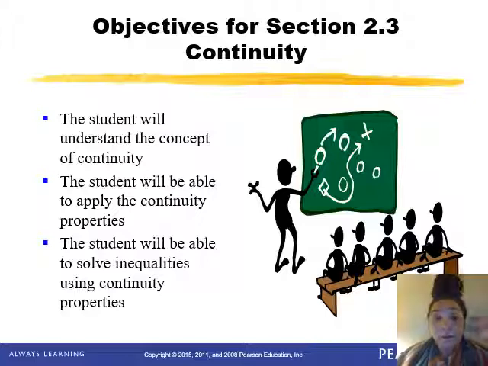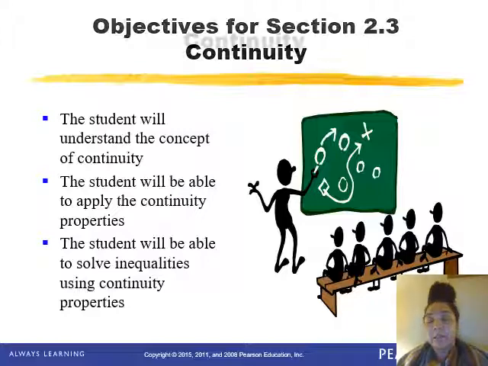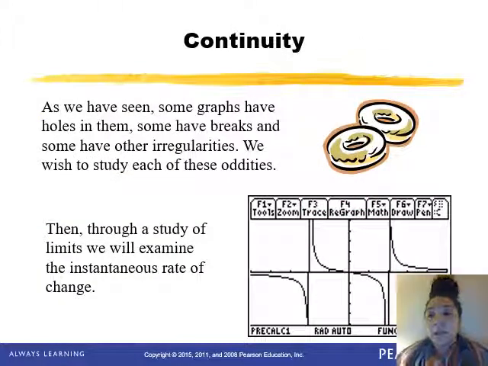What is continuity? The definition of continuity, the properties of continuity, and then being able to solve some inequalities using those continuity properties. As you have seen in some of our previous graphs, there have been holes in a graph.